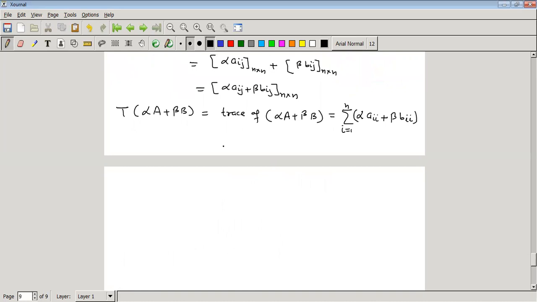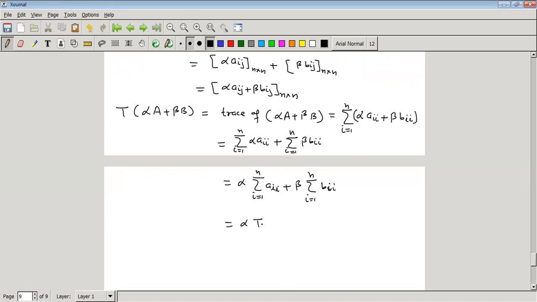We can separate them: alpha summation i equal to 1 to n aii plus summation i equal to 1 to n beta bii. We can take alpha common, so it is alpha times summation i equal to 1 to n aii plus beta times summation i equal to 1 to n bii.